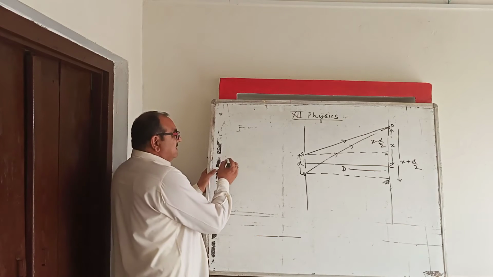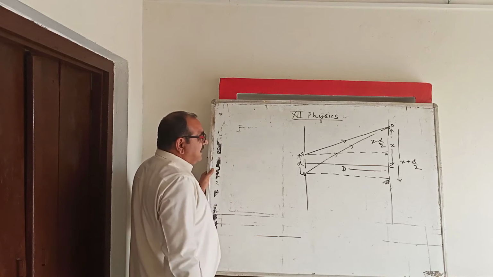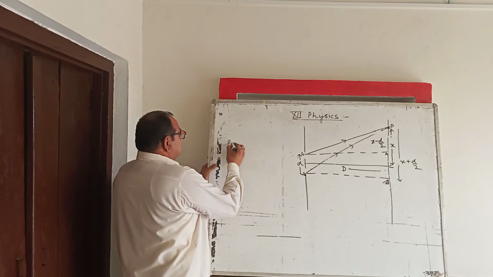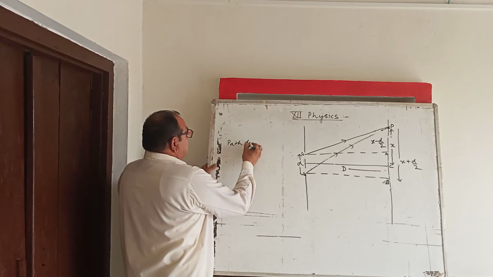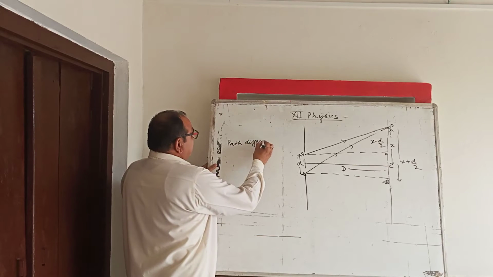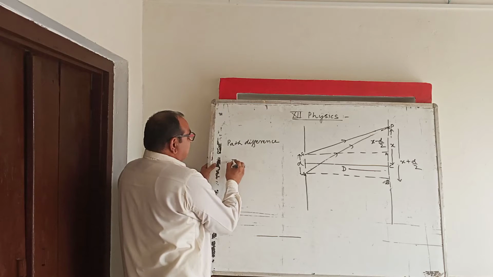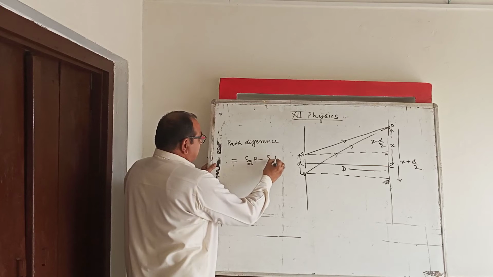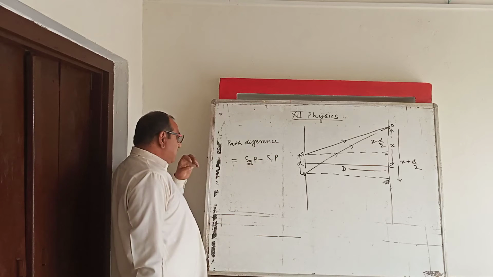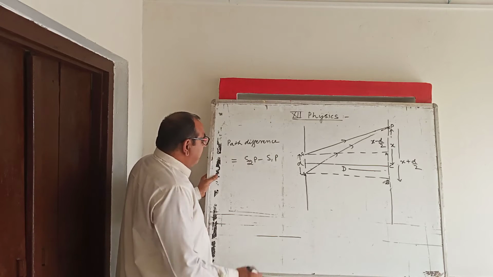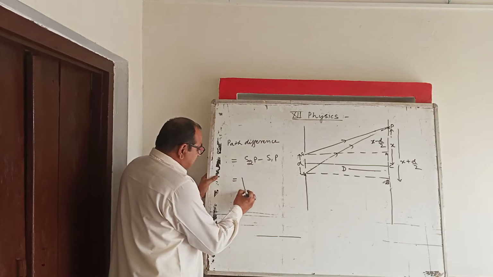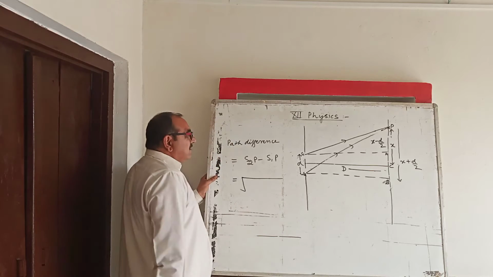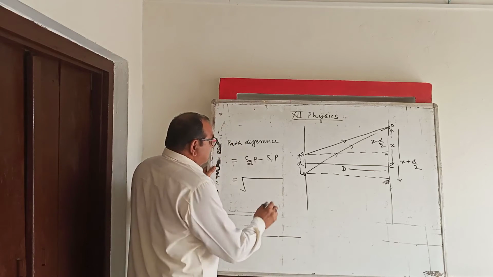Now I want to calculate the path difference. What is the path difference in the rays going to P from S1 and S2? Path difference is equal to S2P minus S1P. Now S1P you can calculate with the help of the right angle triangle.